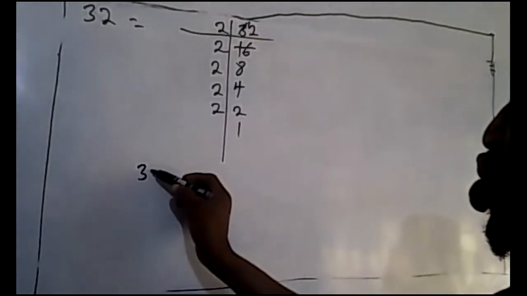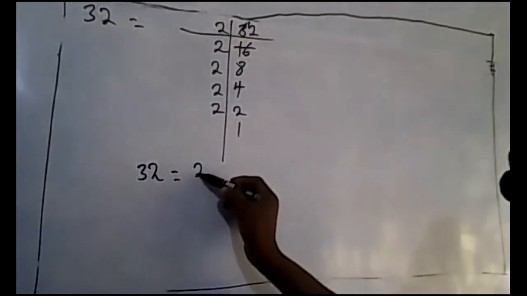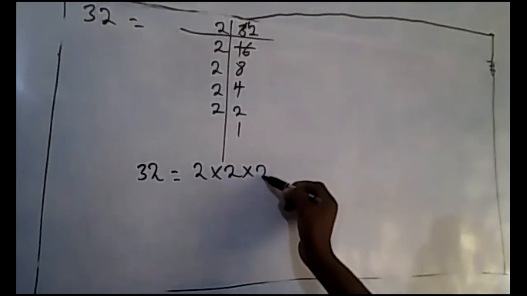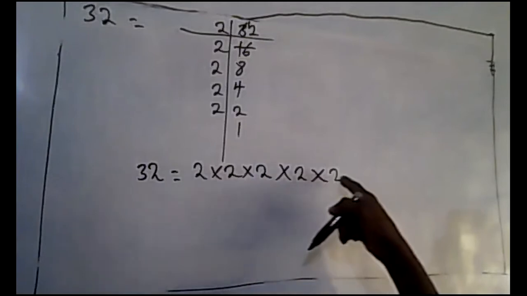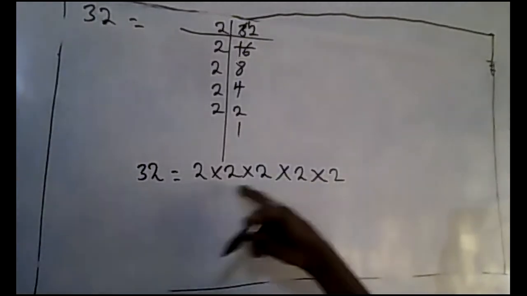Therefore, 32 can be written as 2 times 2 times 2 times 2 times 2: 1, 2, 3, 4, 5.